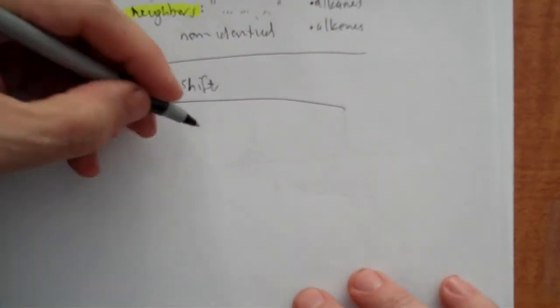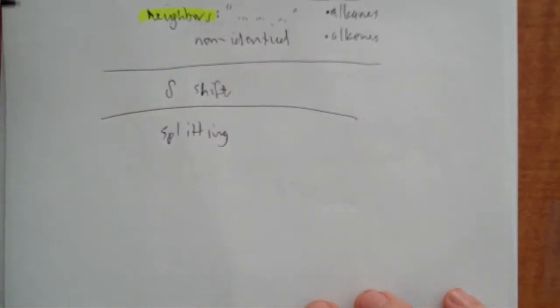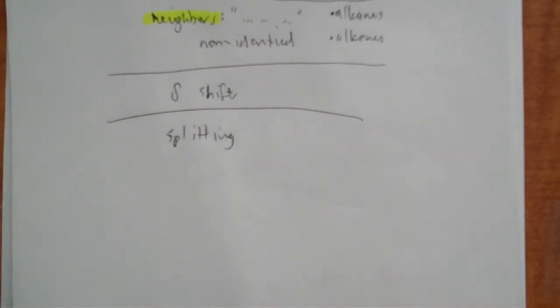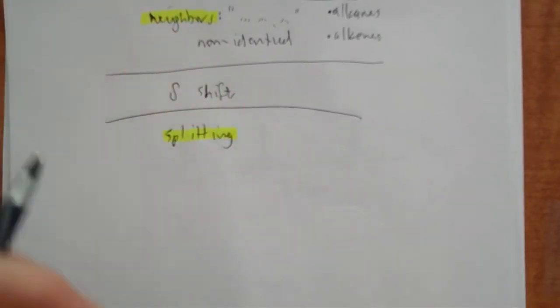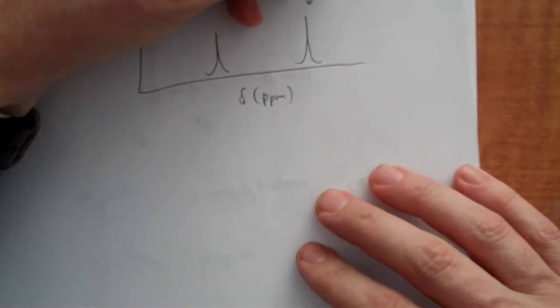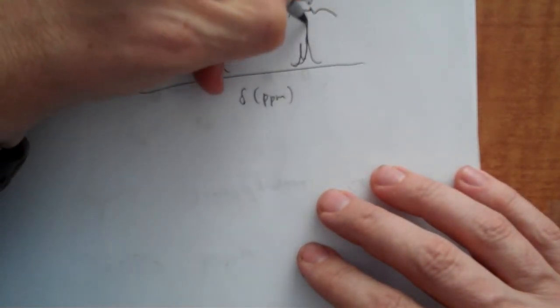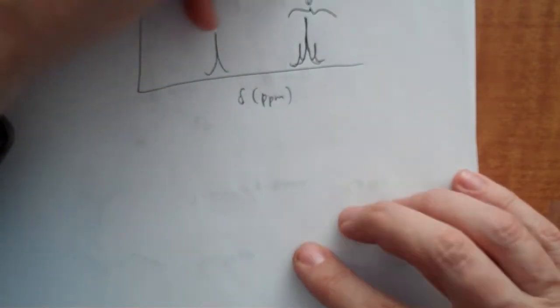And then finally, splitting. What is splitting? Splitting is when you get a single signal, but this thing breaks up into, say, a triplet.